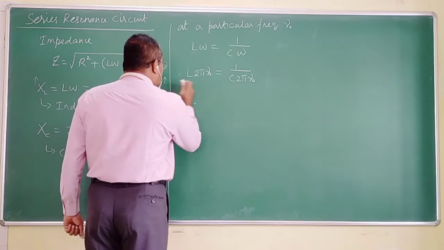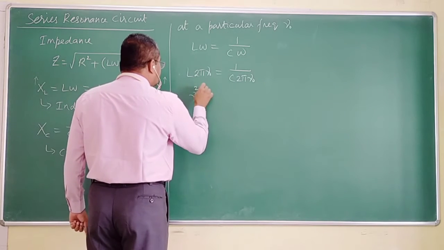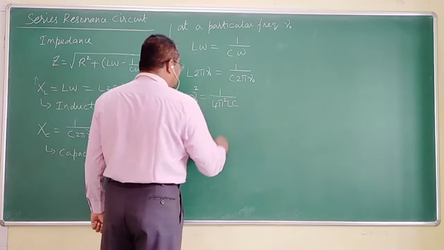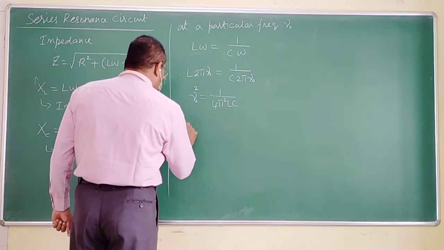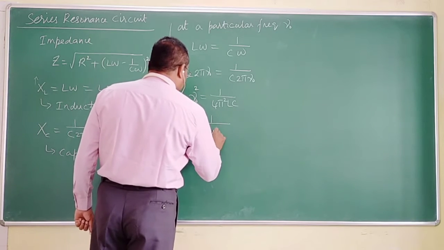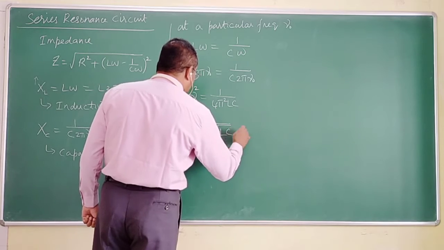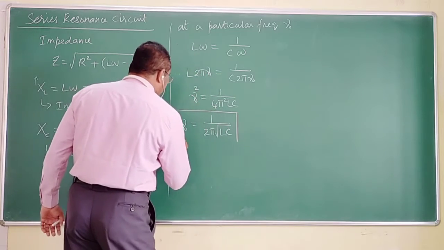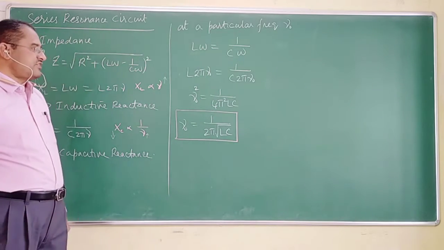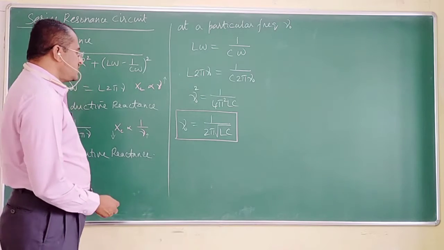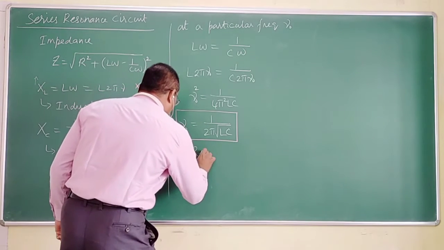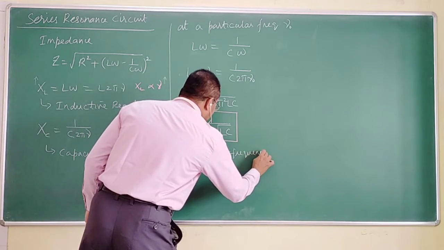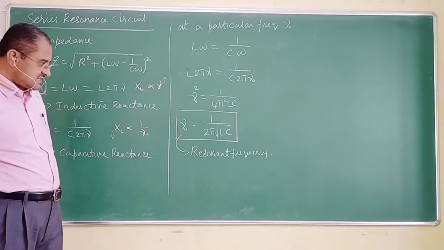Therefore, nu naught squared is 1 upon 4 pi squared LC, or nu naught is 1 upon 2 pi square root of LC. Now we arrive at an expression for frequency nu naught, which we call the resonant frequency.